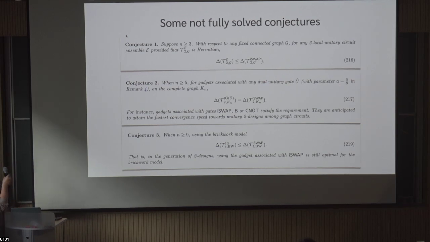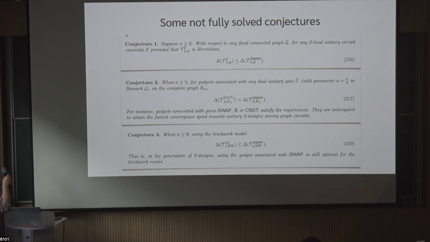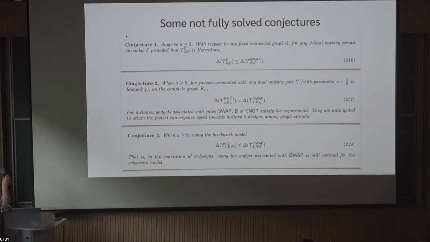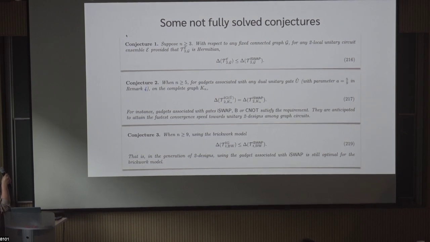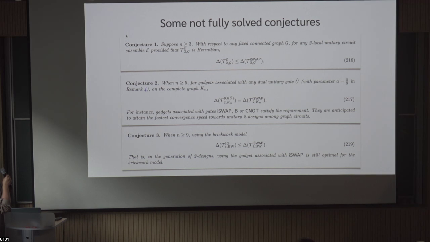Okay, so here let me give you some conjectures that I consider to be interesting or maybe feasible for you. First, of course we want to really prove under no assumptions that the iSwap gate is the best gate for many-body convergence. And second, as I also mentioned, we conjecture that for sufficiently large n, all the dual unitary gates or the combination of dual unitary gate and complete graphs also give the same best efficiency as the iSwap gate.